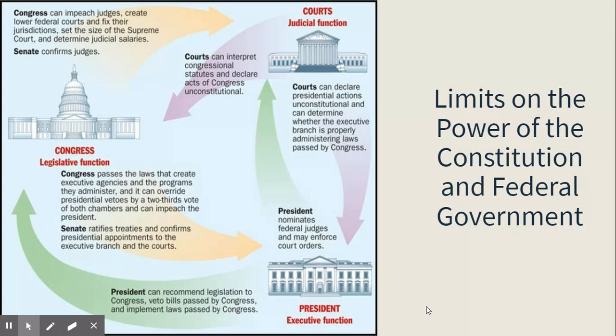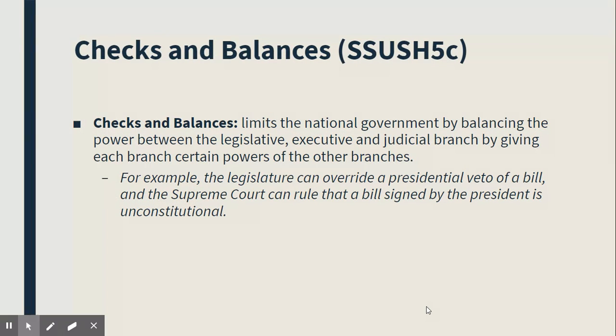They all have to have different rules, and we talked about that because if one has more rules than the other, then obviously it'll be a 2-to-1 ratio. And they can't do that. They have to have separate rules in order to be able to function correctly and not step on the toes of any of the other branches. So, checks and balances.